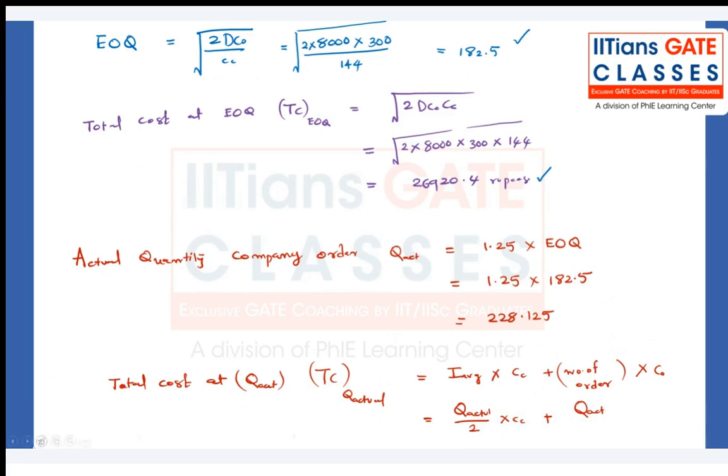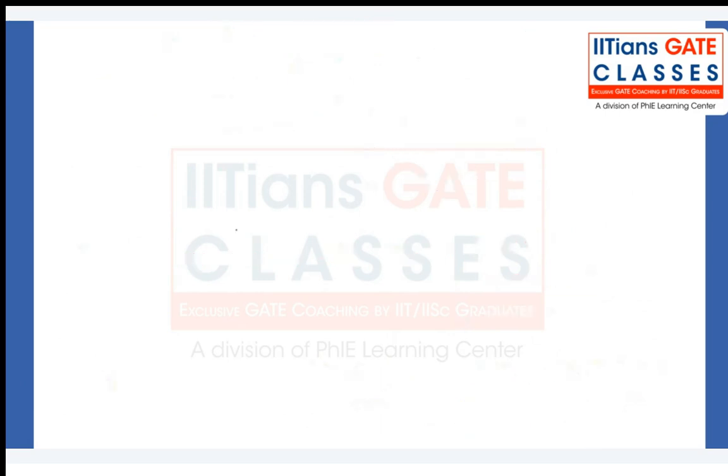No, not Q actual, demand by Q. Here demand by Q actual, so that you will get the number of orders, so that ordering cost. Now what is the Q actual? 228.125.